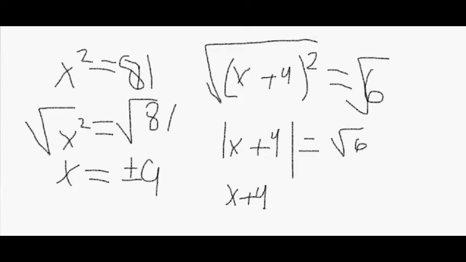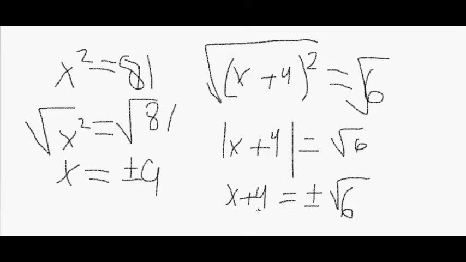Then when we remove the absolute value, just like how we're adding absolute value bars, everything outside the absolute value bar changes. This can be plus, this could be minus. So we'll write plus minus the square root of 6. If you can take out the 6 from it, for instance, if this was 25, then it would be plus minus 5. But since we can't take out anything, it stays at 6 inside.